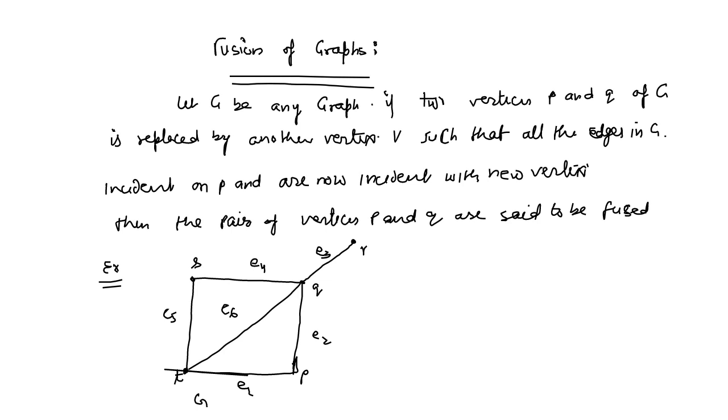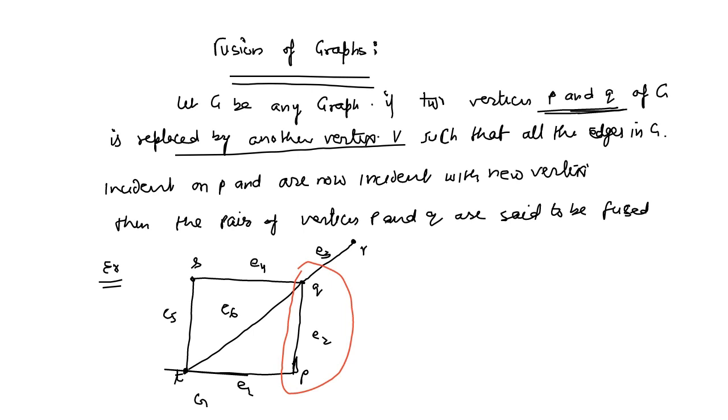In a statement we write: two vertices P and Q of graph G are replaced by any other vertex. So here we see this pair of vertices P and Q we replace by any other vertex. When you replace them, the new vertex also contains the self loop and multiple edges.